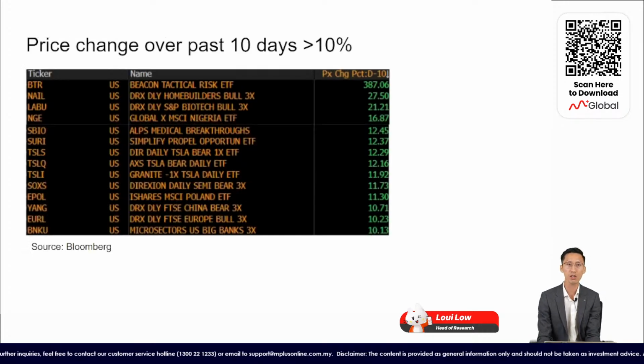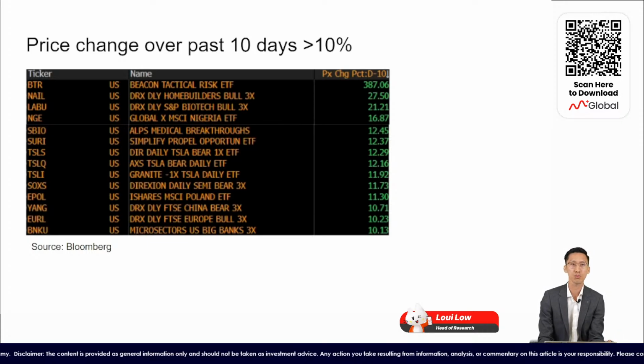Okay. So just to give you an idea, even when the market is going sideways, there are always trading opportunities. I'm not too sure whether you agree with me or not, but I can show you what I've gathered from Bloomberg data.